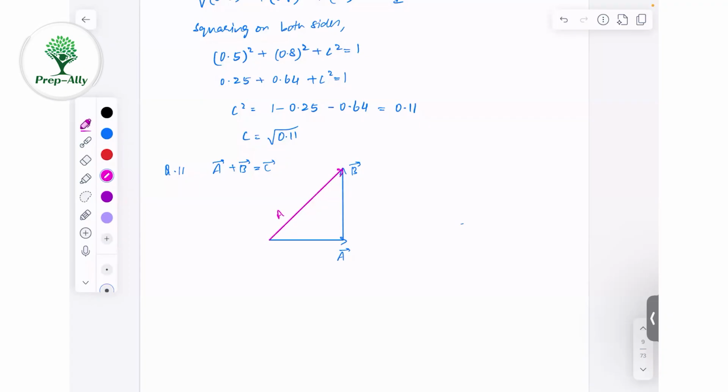This is A bar plus B bar, which is C bar. Now, the magnitude of A is 3 units, B is 4 units. This is a right angle. So obviously we will get C bar vector magnitude 5 units. So that says that the angle between A bar and B bar is going to be 90 degrees or pi by 2.